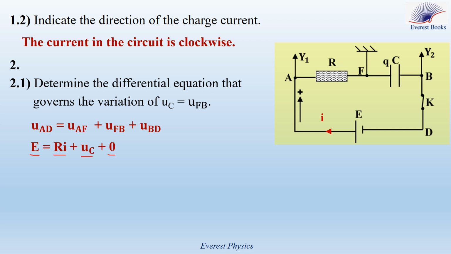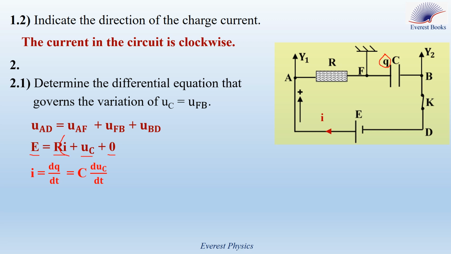Now, look at the positive sense. It enters the capacitor through the plate of charge Q, then i is equal to plus dQ by dt, but Q is equal to C UFB, which is equal to C UC. This is going to be C duc by dt.